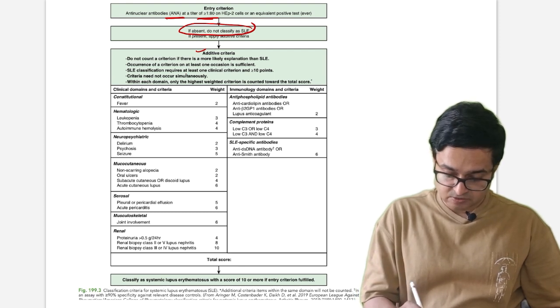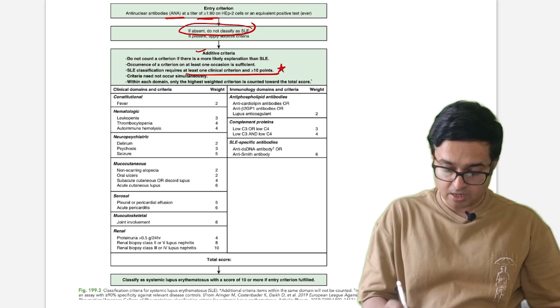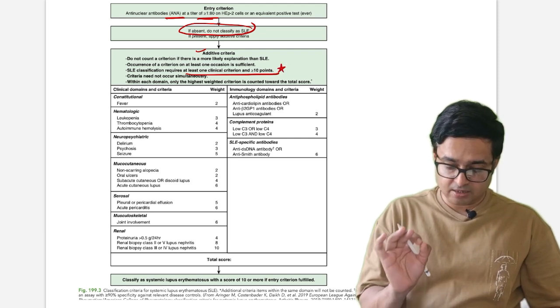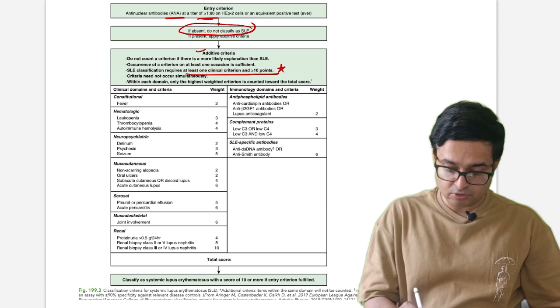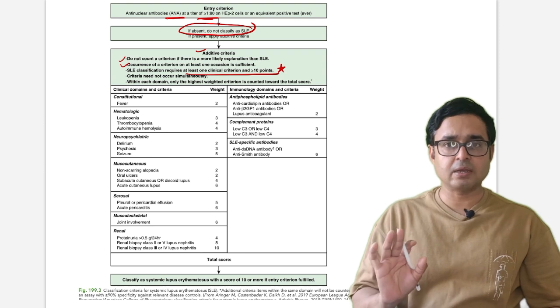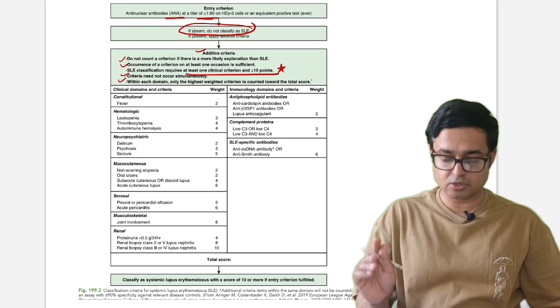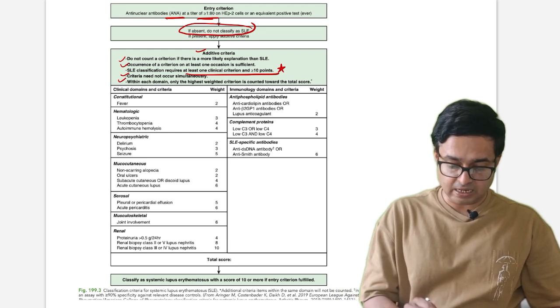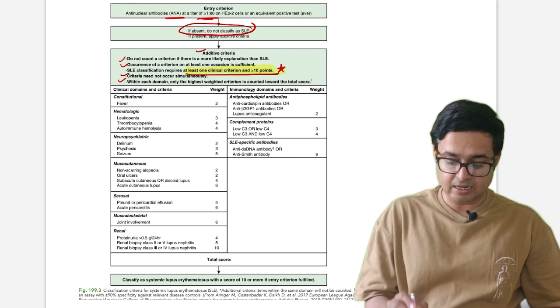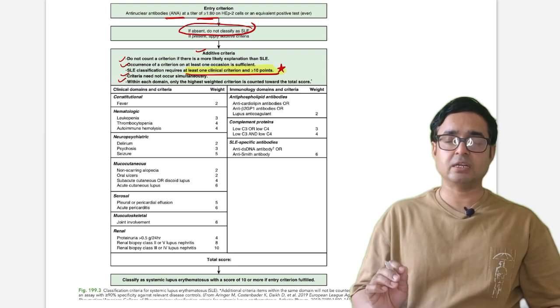We will look for at least one clinical criterion and more than 10 points. Very important. What are the points? Do not count a criterion if there is a more likely explanation than SLE. Occurrence of a criterion on at least one occasion is sufficient. Criteria need not occur simultaneously, and within each domain only the highest weighted criterion is counted toward the total score. So basically, at least one clinical criterion and more than 10 points.